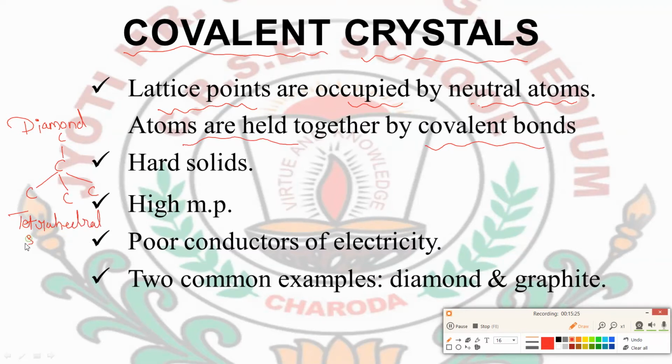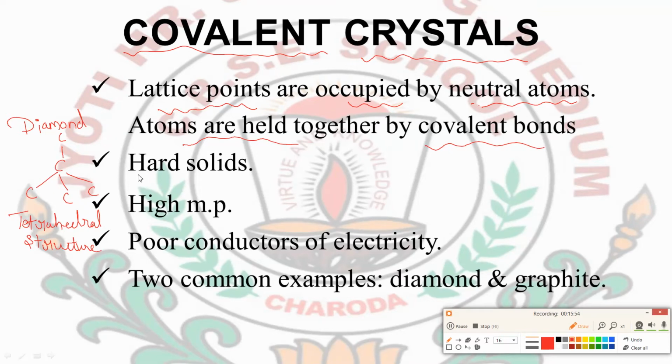This tetrahedral structure is throughout the diamond crystal, and each carbon atom has four covalent bonds with other carbon atoms. This type of crystal formed due to covalent bonds is known as a covalent crystal.